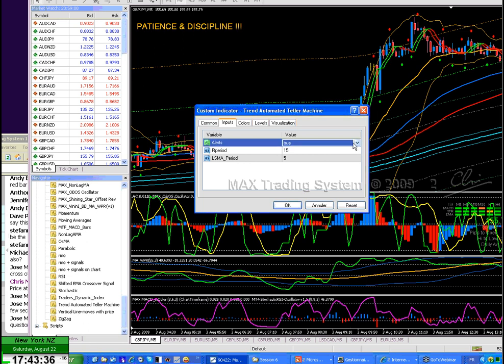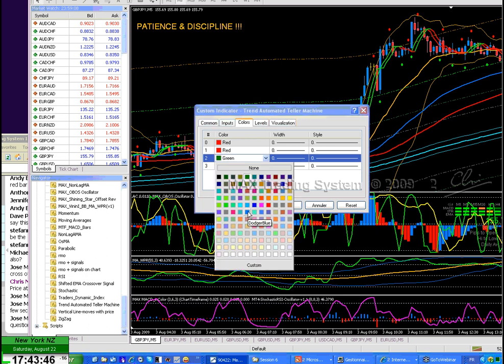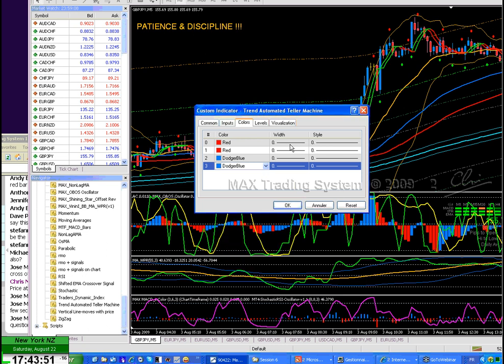I like to put it to false. I do not like sound alerts. And you have two colors, the red and the green. You can change the green into blue, for example, Dodger blue, and double the width to better see the indicator. And OK.